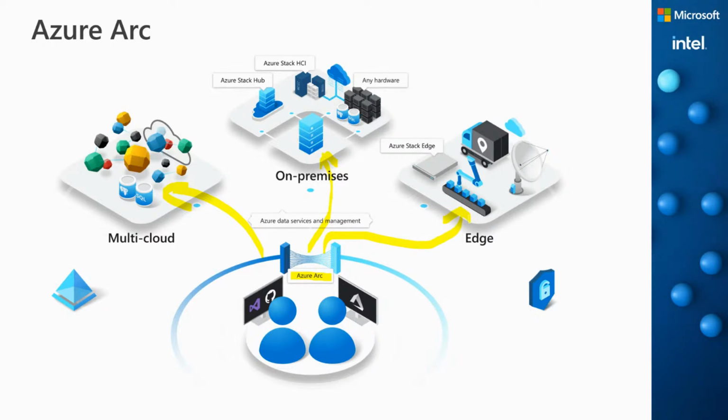So Azure Arc is really, in my opinion, the most important service you should get in touch with if you are not already using this at your customers and in your own lab environments.